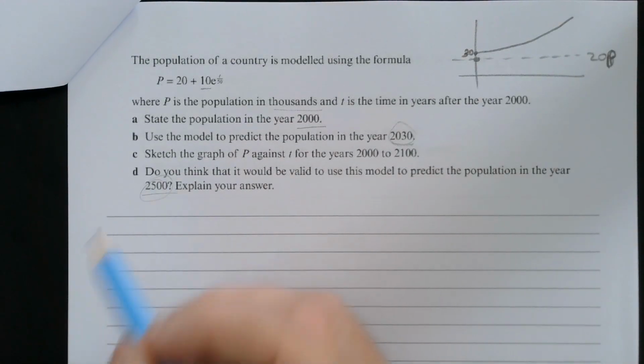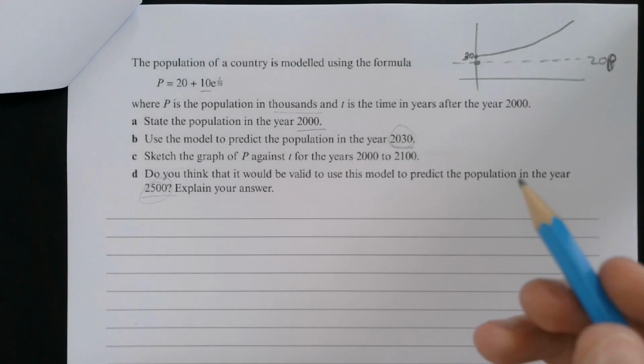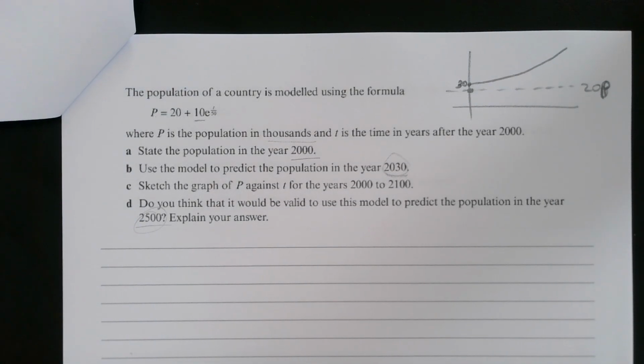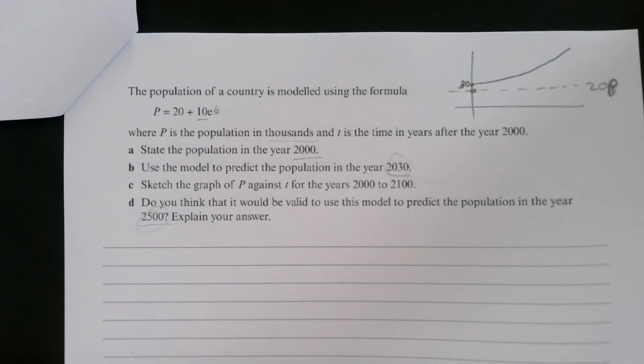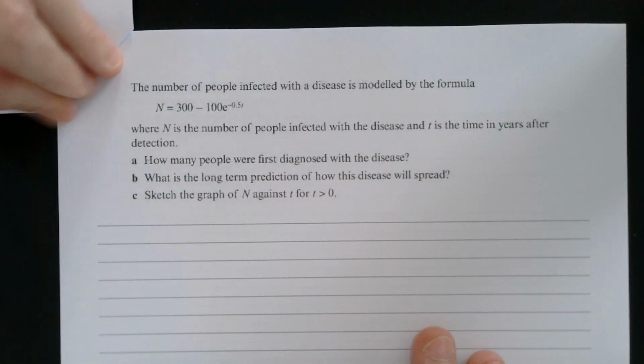I would say probably it's not, because I don't think there's any population model that we can use to predict the population of something 500 years in the future, but that's up to you.